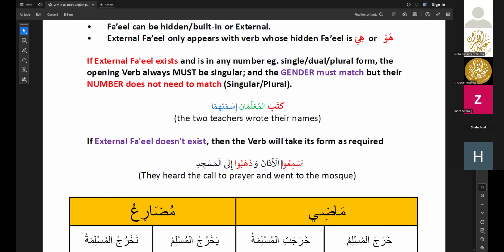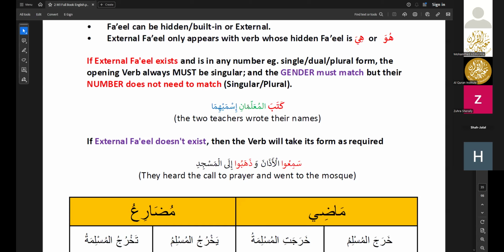My question is, here kataba is mufrad, and al-mu'allimane is dual, two.